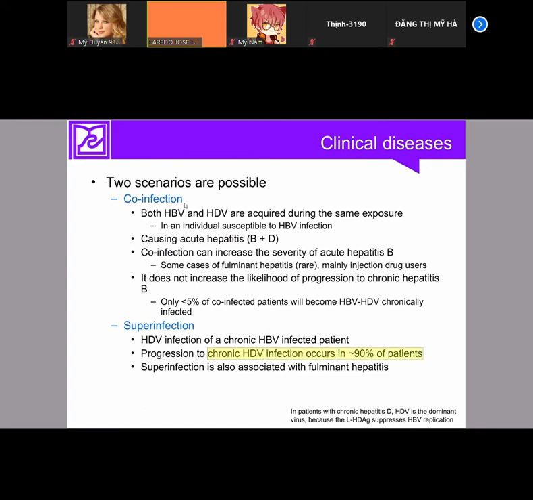Do you understand the difference between both scenarios? Do you understand the difference between co-infection and superinfection? Any question about the difference before we continue?